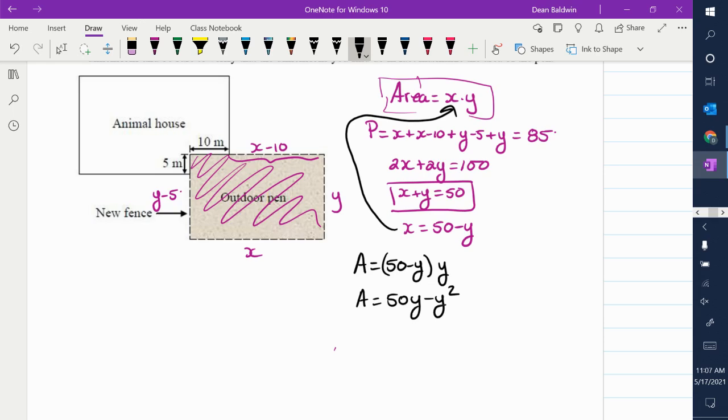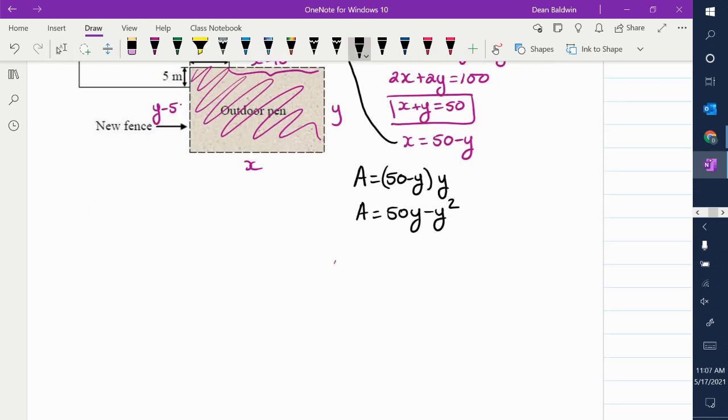Next step, derive it. Then set it equal to 0, find your critical number, which is 25.